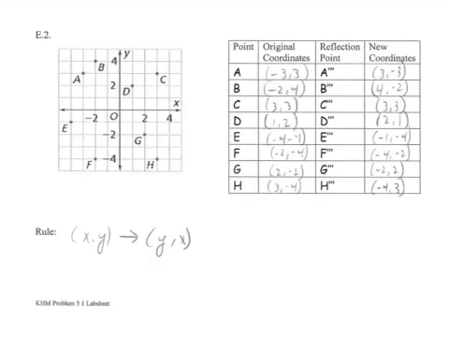So finally we look at what happens when we have a reflection over the line called y equals x. Now that's a line that has a slope of 1 and a y-intercept of 0, and it runs diagonally through the coordinate grid. This one isn't going to be perfect, but it's pretty close. If I reflect things over that, you'll see an interesting thing happens. Let's take a point D, for example.